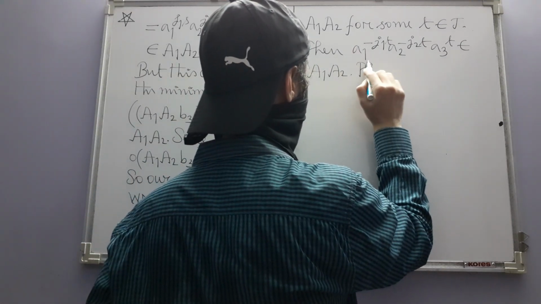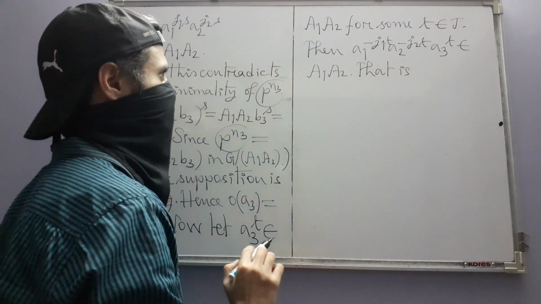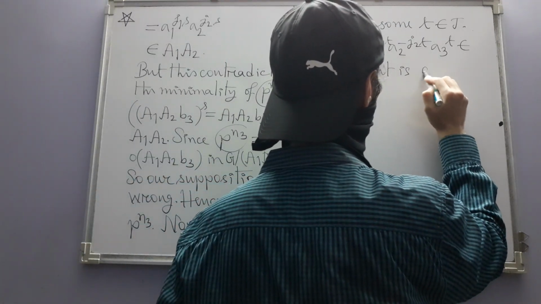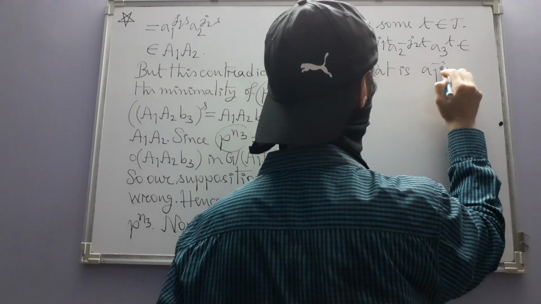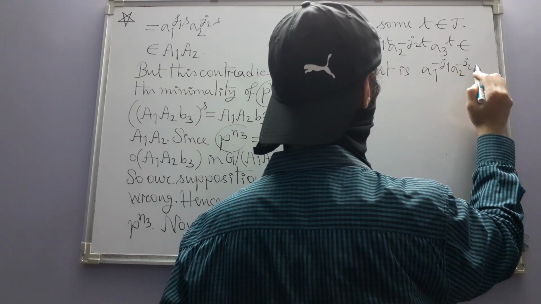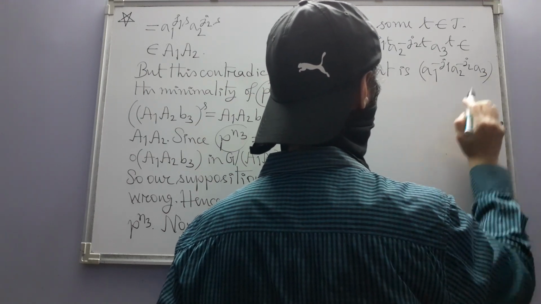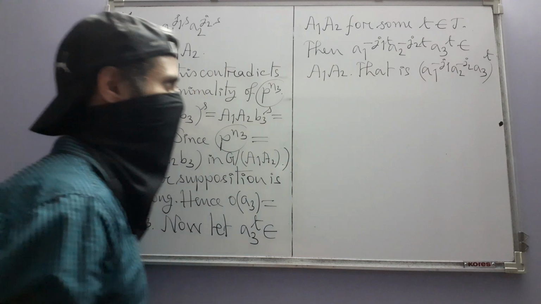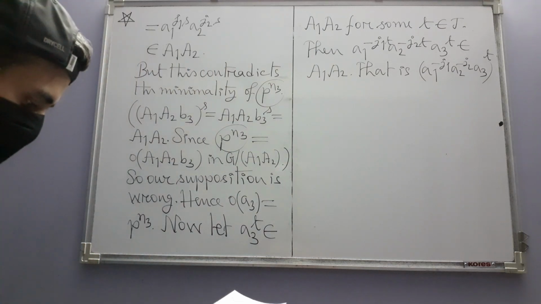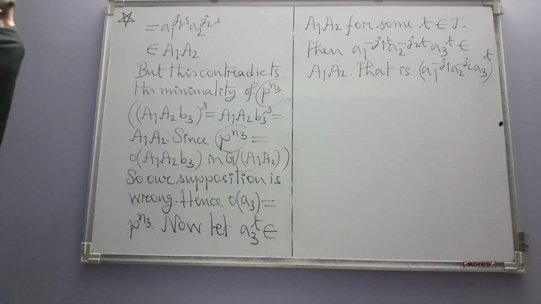That is, however, our choice is not arbitrary. We have carefully chosen this. A2 to the power minus J2 times A3 to the power t, or okay.